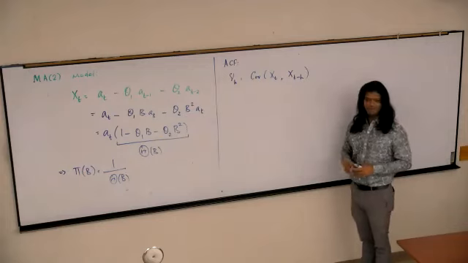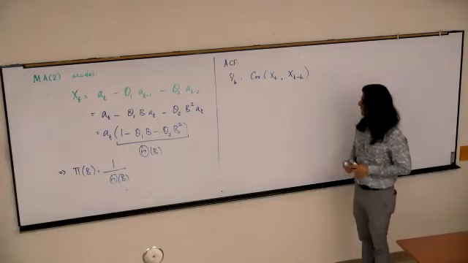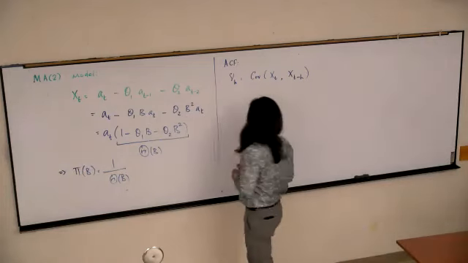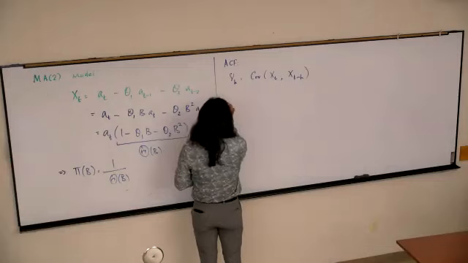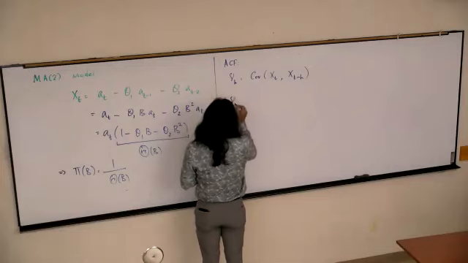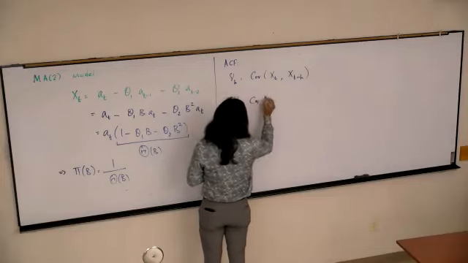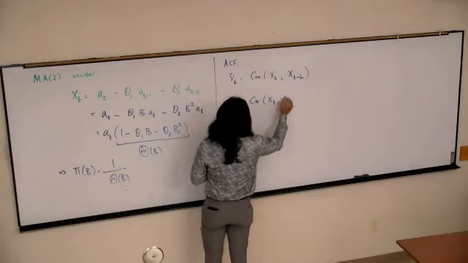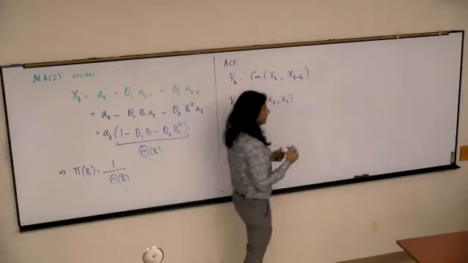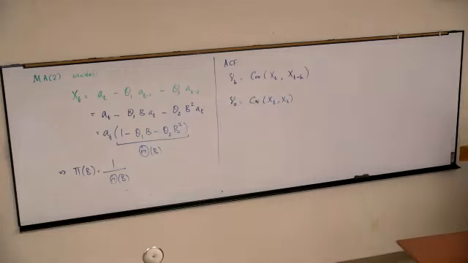But here, it's more of an intuitive thing. There is no point in moving forward. Let's start with 0. Gamma 0 is easy. Covariance of x sub t, comma, x sub t.